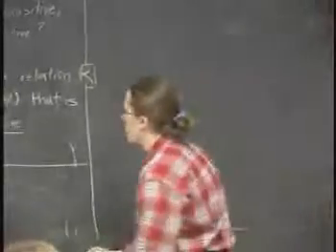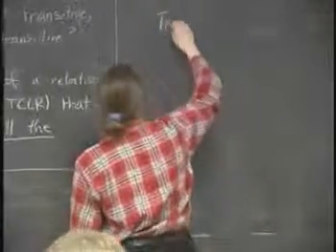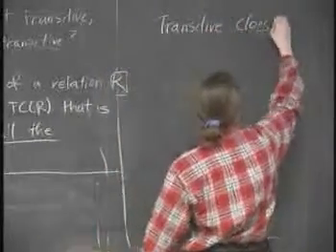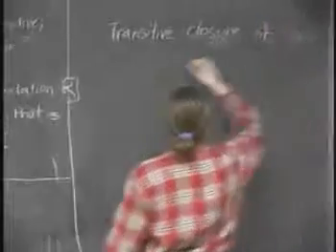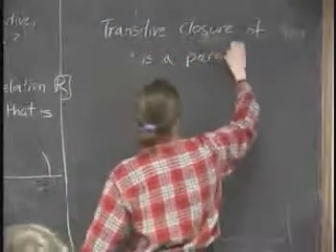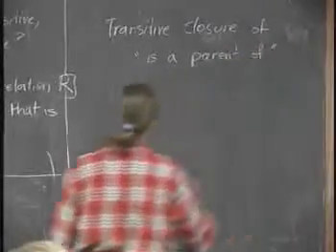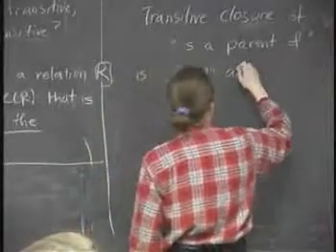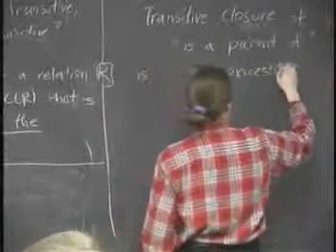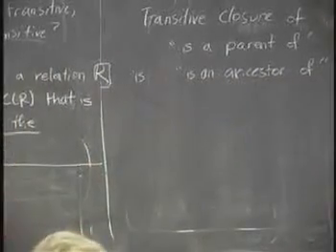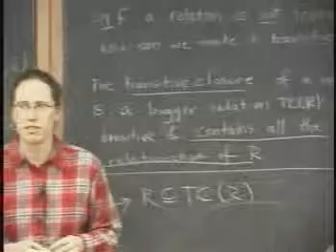So, as Chris noted, the transitive closure of is a parent of is an ancestor of. Because a parent is certainly an ancestor of their child. It sounds a little weird.